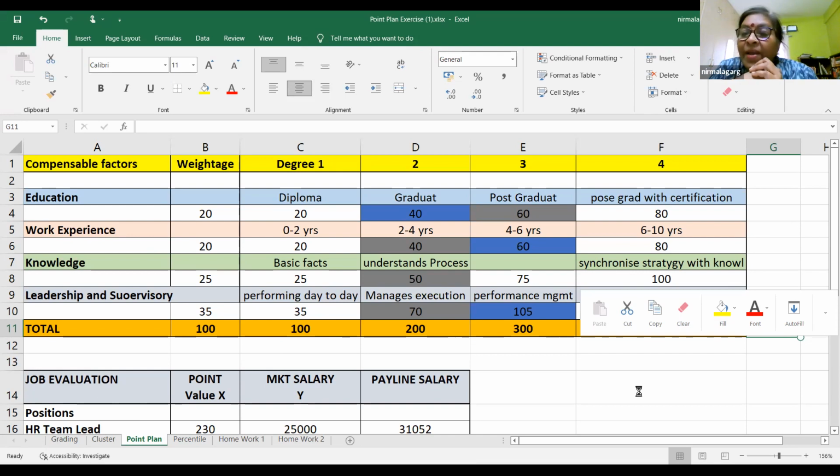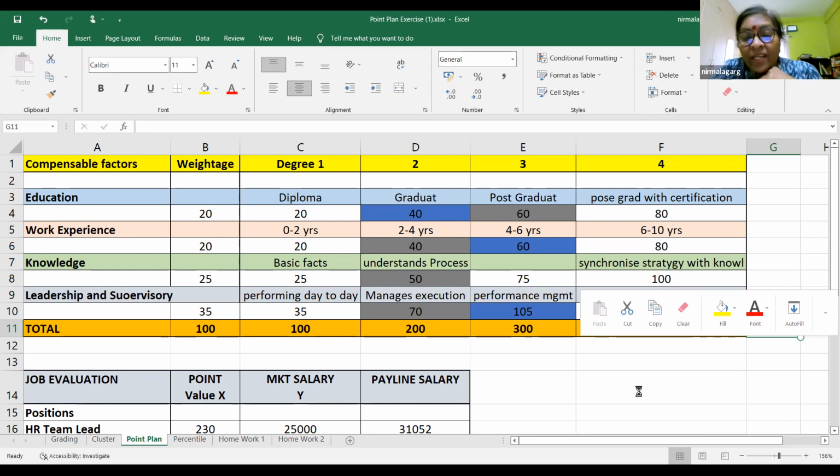Why? When you were doing job grading, you had to vertically look at all the descriptors of the compensable factors and say, is he grade 1, grade 2, grade 3? Now in job grading, you can have 10 grades, 15 grades, even 20 grades. In point plan, you can have 10 compensable factors, sometimes even 12.